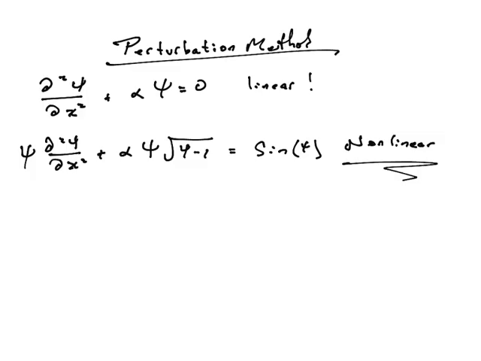Like this first term, you've got psi times the second derivative of psi. That's like a psi squared type of thing. Same thing here. You've got powers of psi. Psi times square root of psi. That's like a psi to the 3/2 power. Here, sine of psi, that's a function of psi, not just psi itself. So that's a nonlinear differential equation.